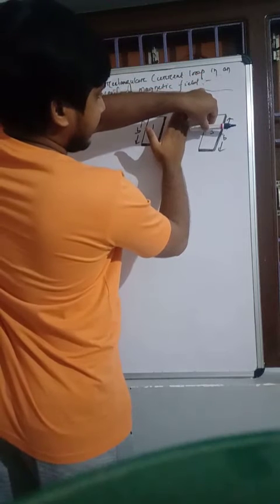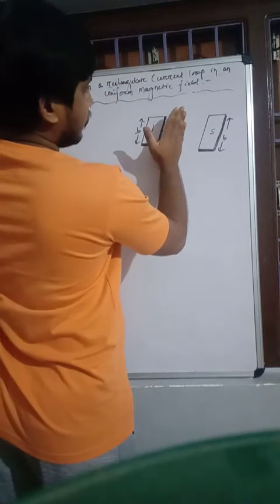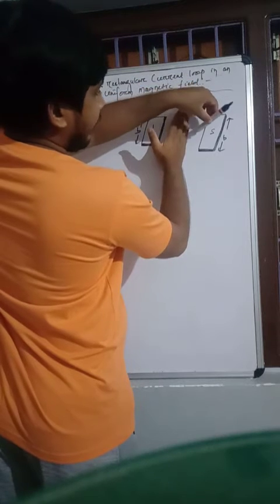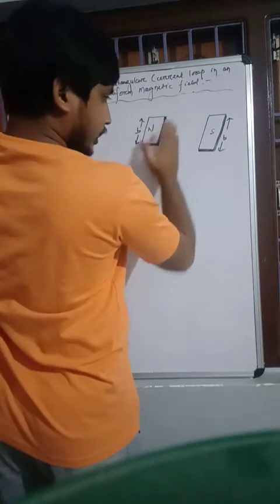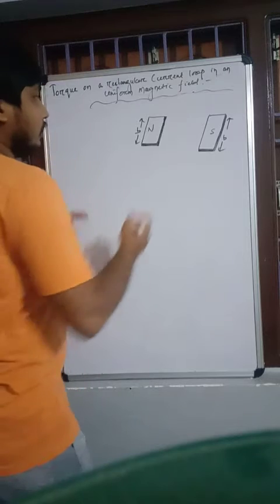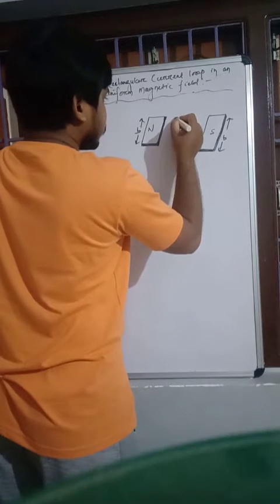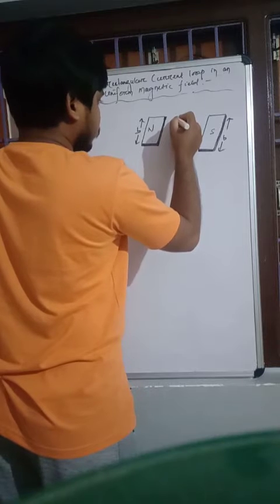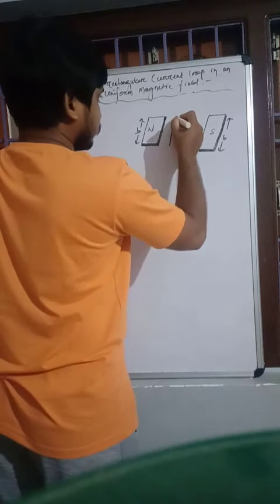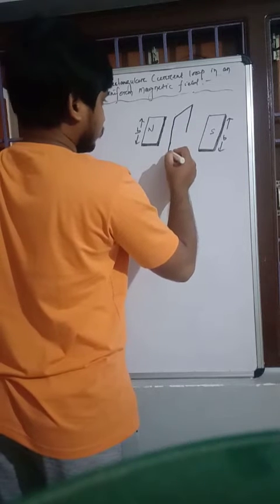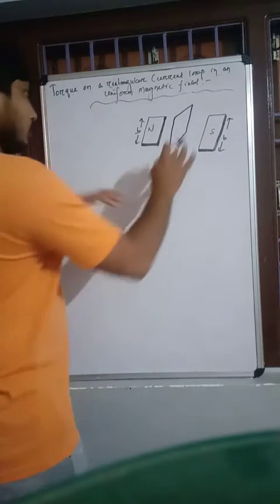Magnetic field is in this direction, and this is my loop. That means here a certain angle is there in between the plane of the loop and the magnetic field. Whatever it may be, we will consider this as theta. So I will draw the diagram. Like this.